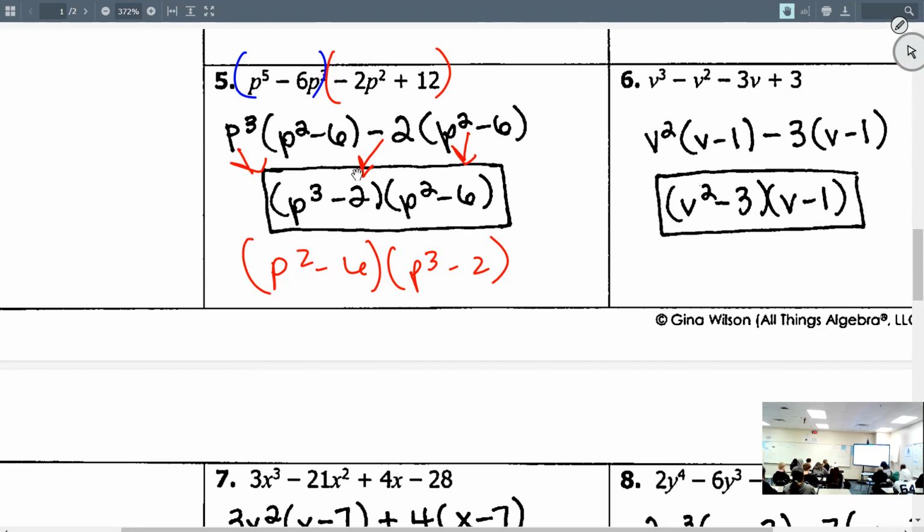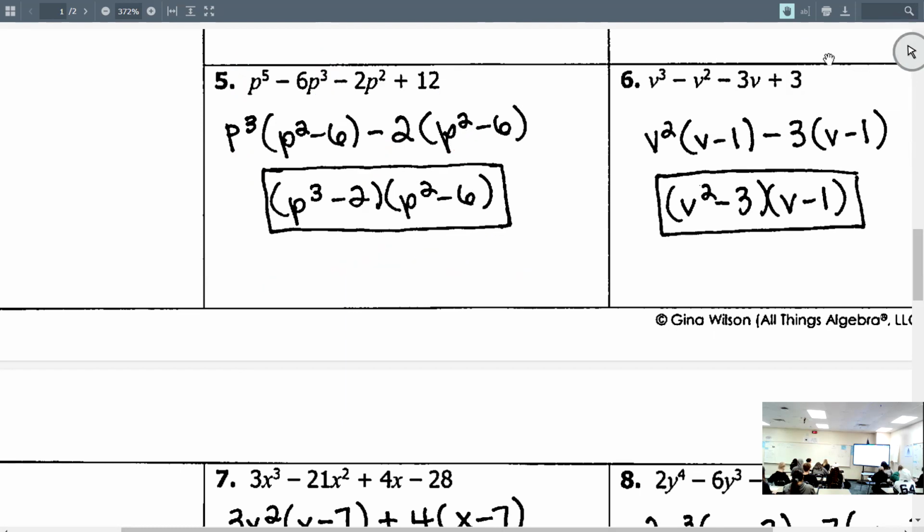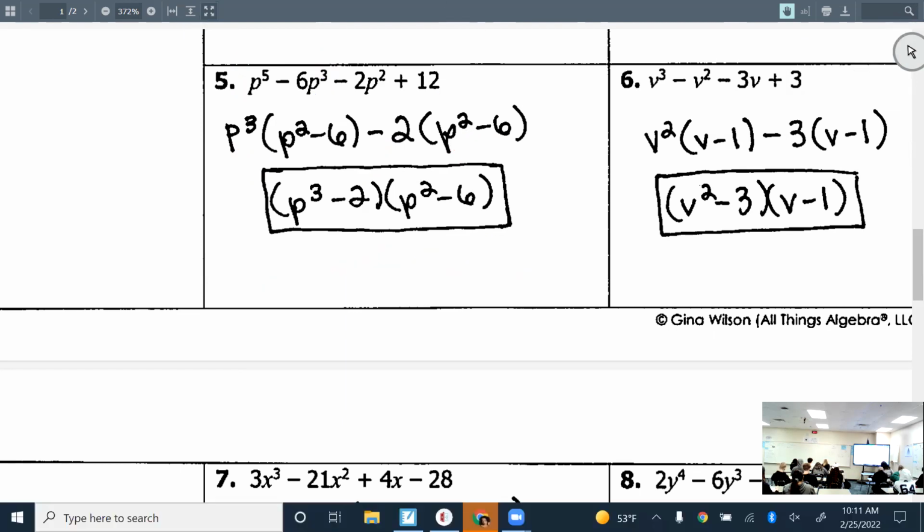All right, we're going to look at the back side now. Let's do an example where the GCF is a little bit bigger.